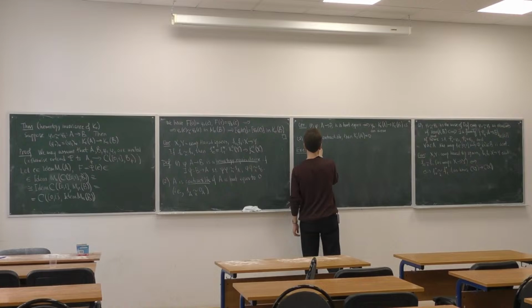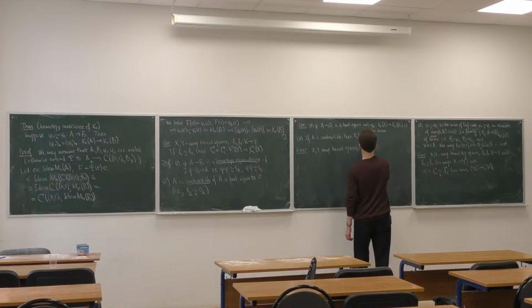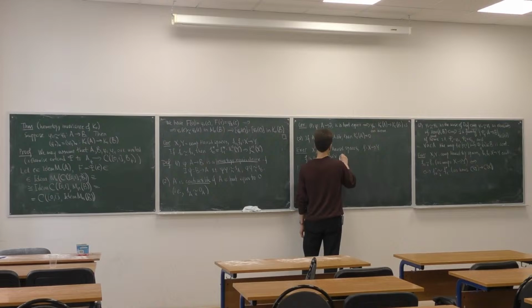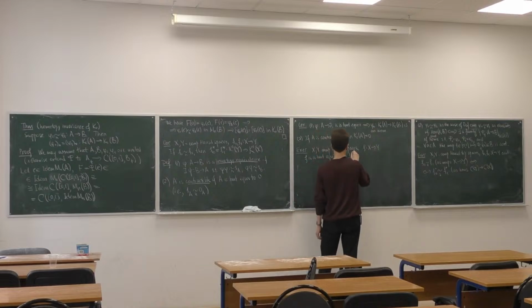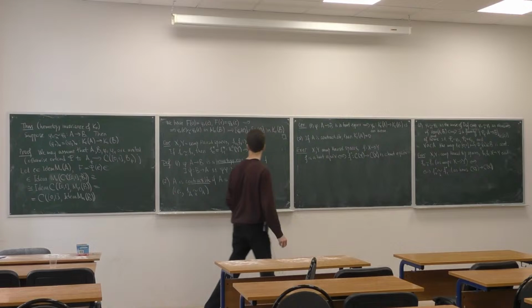If X and Y are compact Hausdorff topological spaces, and F is a continuous map from X to Y, then F is a homotopy equivalence if and only if the induced homomorphism between the algebras C of Y and C of X is a homotopy equivalence in the sense of this definition.